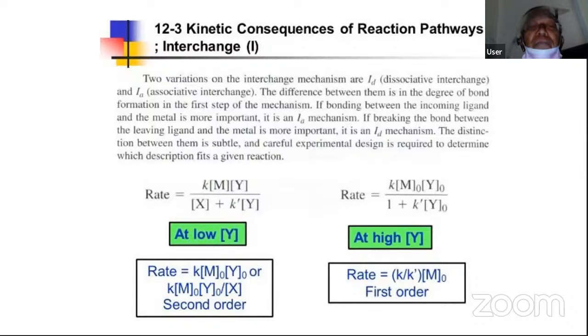So you will find the reaction rate is the concentration of your complex times the concentration of your coming ligand, because Y is small, you can ignore it, and then the reaction becomes second order. Second order means two molecules come together.